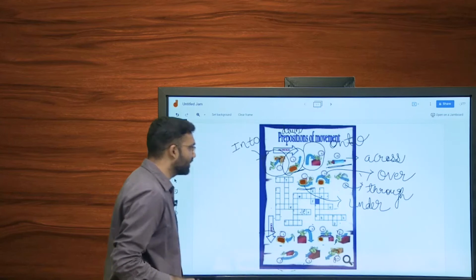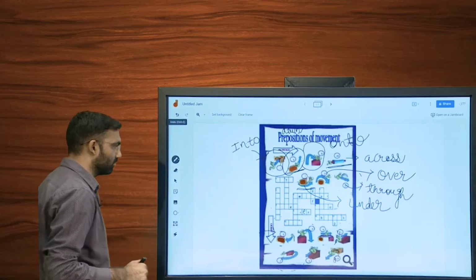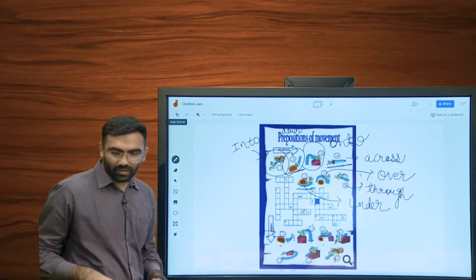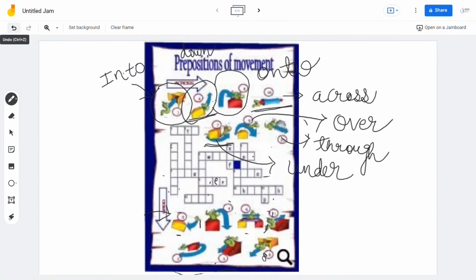This one. This is now down one. Now, when it comes to towards, when it is moving in the direction of something, from here this pen is moving over there, it's called towards. Then comes the next one, this, from top to below, what it is called?